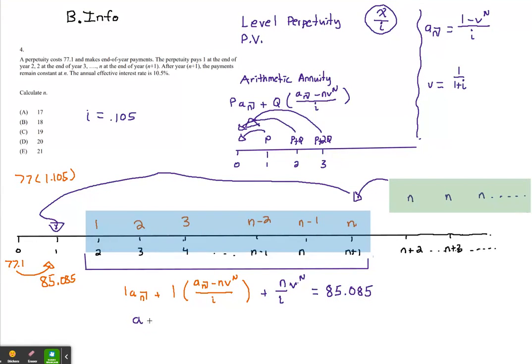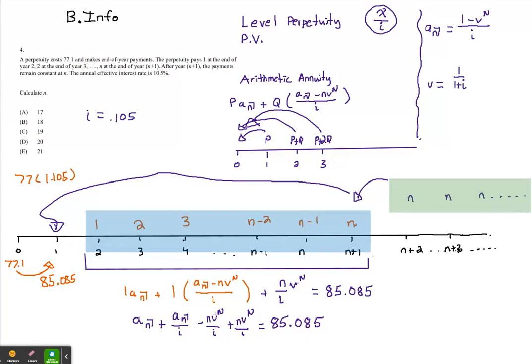We're going to see some stuff cancel. So I have a angle n plus (a angle n minus n v^n) upon i plus n v^n upon i equals 85.085.